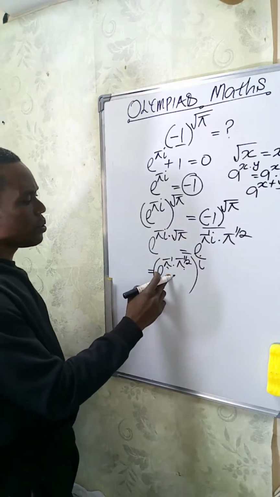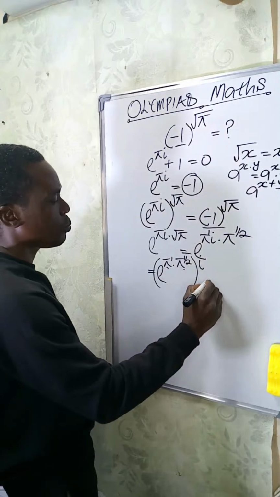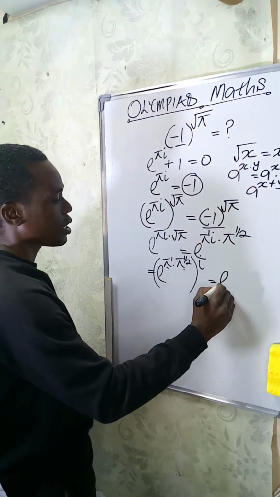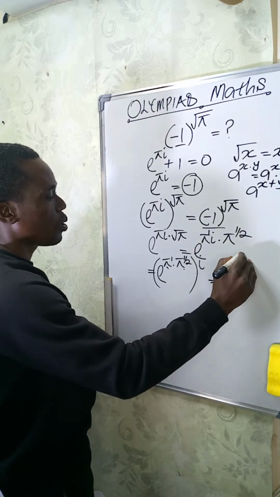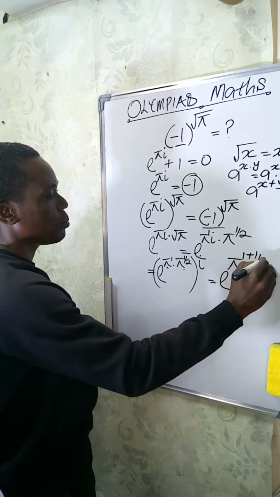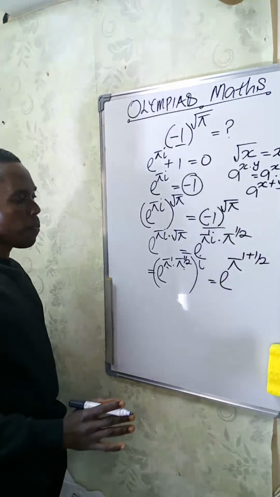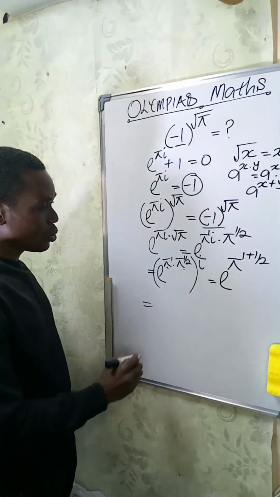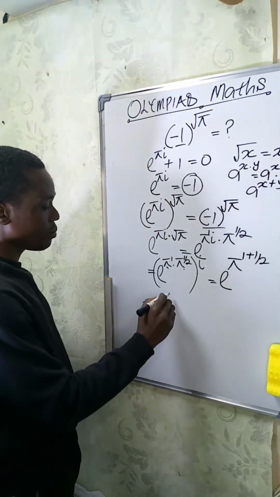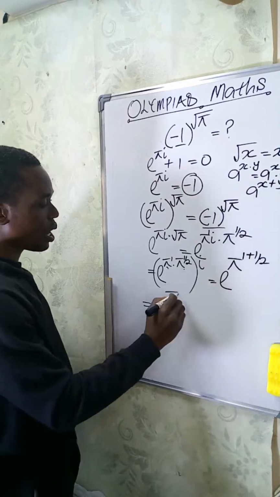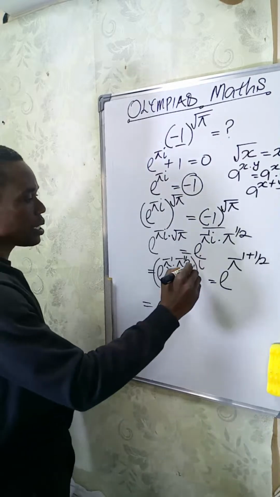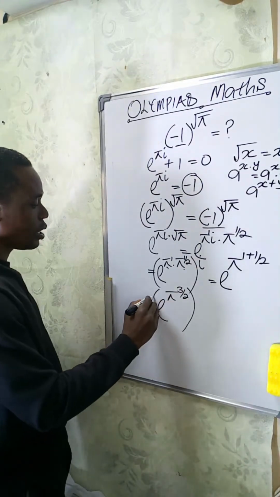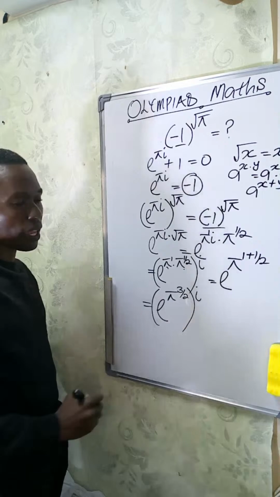Now if I simplify this, I will have this to be simply pi to the power of 1 plus 1 divided by 2. And that's that. Now if I simplify that, I'm going to have pi to the power of 3 divided by 2. Now remember, I still have my i, and all these will be to the power of i.